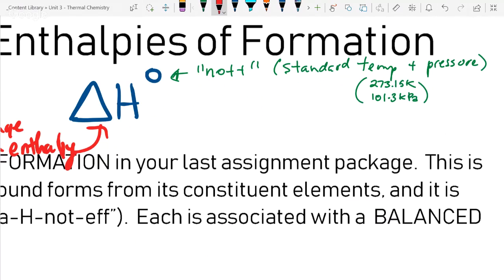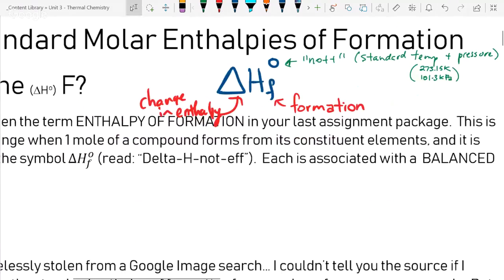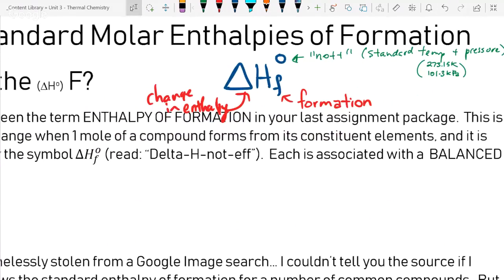And then lastly, F stands for, what do you think? Formation. So when we talk about a compound's delta H naught F, we're saying what is the change in enthalpy if, under normal lab conditions, I make a mole of this stuff.